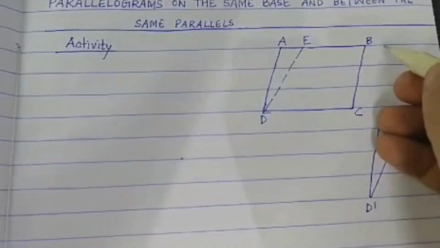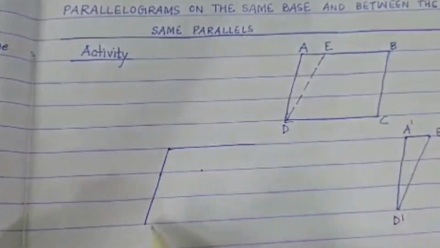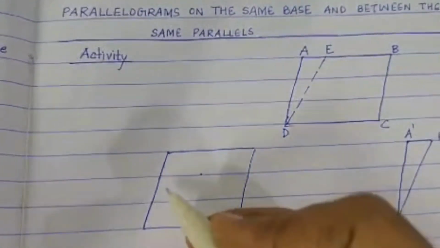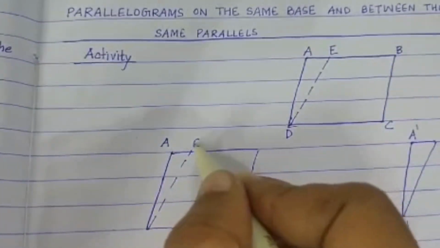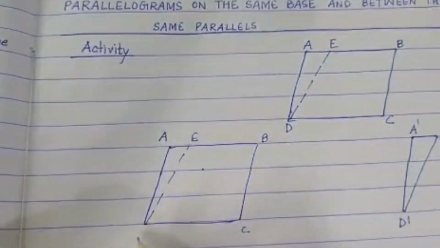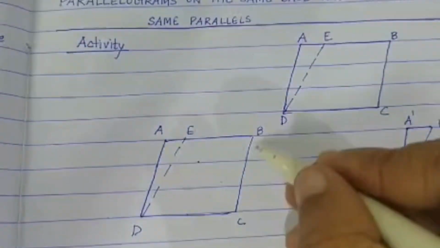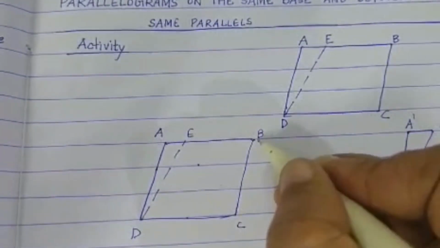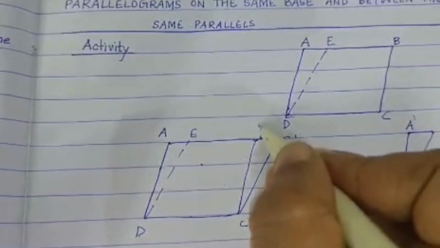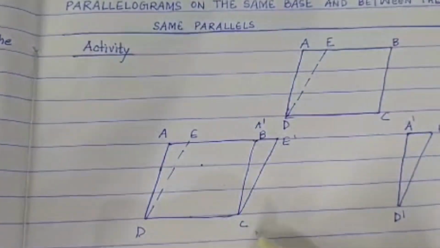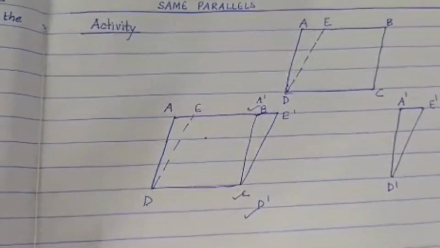So the new figure let us draw here. This is the construction A, E, B, C and D, and we have to place this one here like this, B dash, D dash, and here also A dash and D dash. So these will coincide.